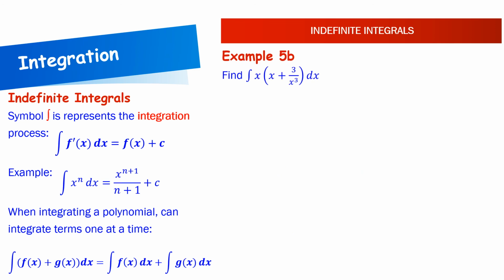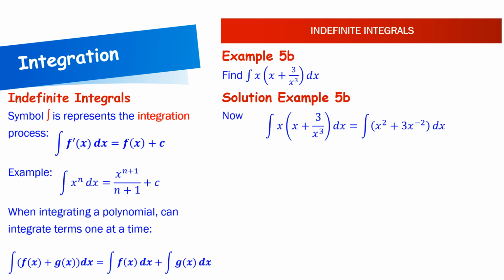And now for example 5b. Find the integral shown on your screen. Let's solve this. First expand the brackets as shown, and then integrate. So the integral of x squared dx becomes x to the 2 plus 1 divided by 2 plus 1, and the integral of 3x to the minus 2 dx becomes 3x to the minus 2 plus 1 all over minus 2 plus 1, plus the constant of integration.